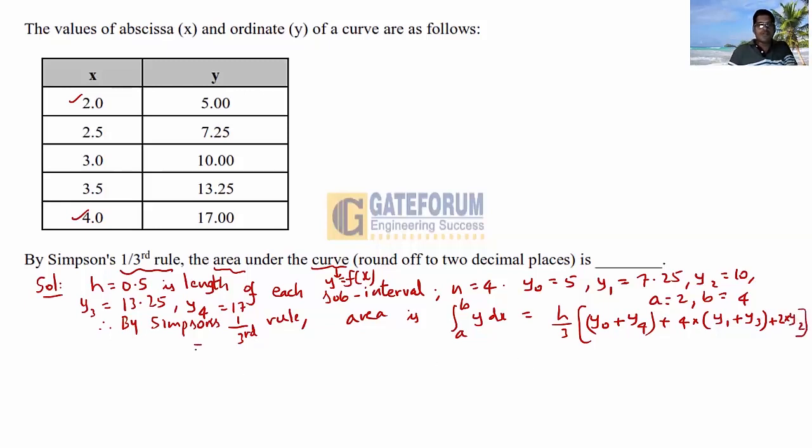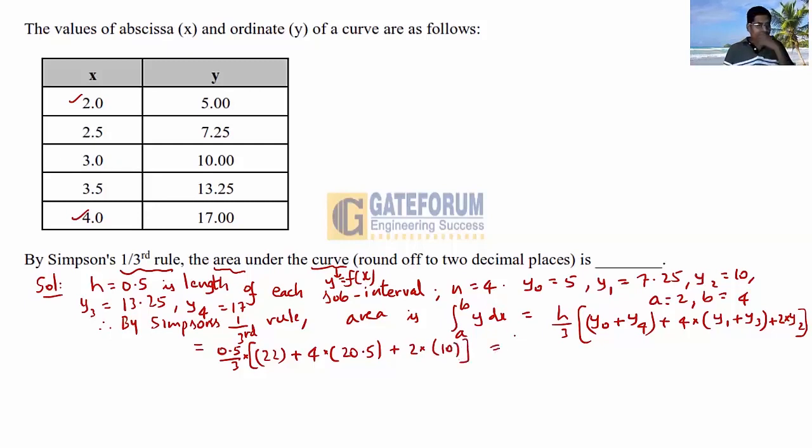Now this is equal to 0.5 divided by 3, or you can write 1 by 6, into y0 plus y4, that is 5 plus 17, 22, plus 4 times y1 plus y3, 7.25 plus 13.25, so this is 20.5, plus 2 times y2, that is 10.